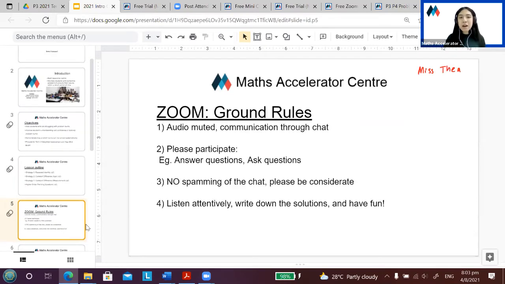Okay. So just some ground rules for Zoom before we begin. I've muted all of your audio. So if you want to communicate with me, please type in the chat. Only I can see what you type in chat. No one else can see it. So you don't have to worry about other people seeing what you write. Also, please do not spam the chat. Do not write too much. Just write exactly as much as you have to write.